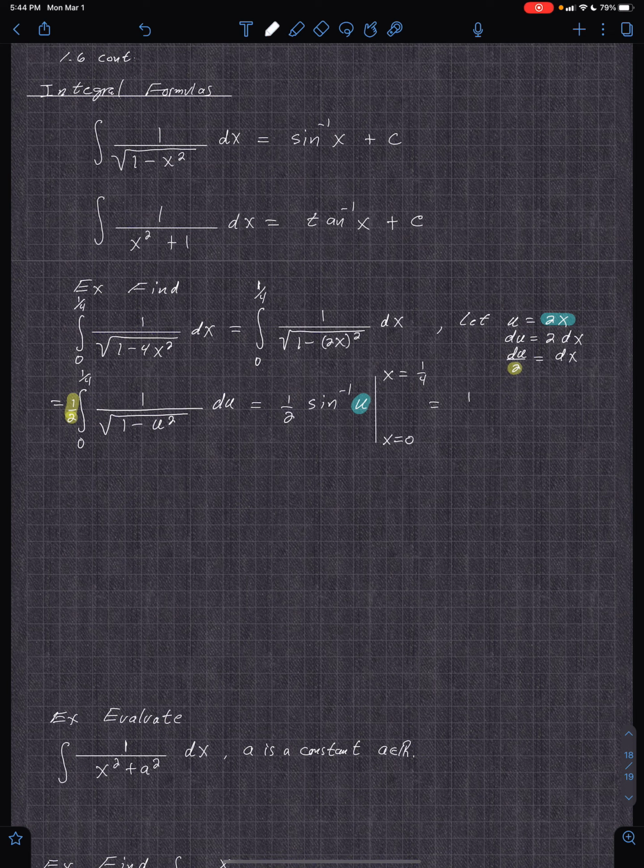So that's equal to a half sine inverse of 2x. You don't have to put in your indication of variable because it's the same x, so you say 0 to 1/4.